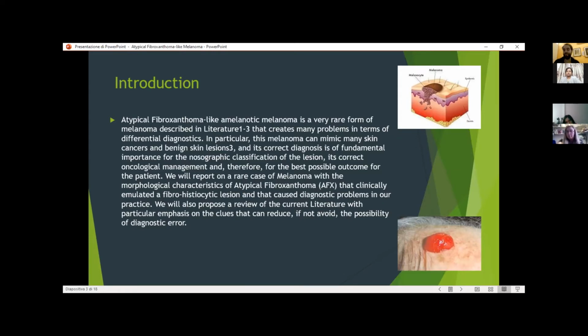In particular, this melanoma can mimic many skin cancers and benign skin lesions, and its correct diagnosis is of fundamental importance for the nosographic classification of the lesion.